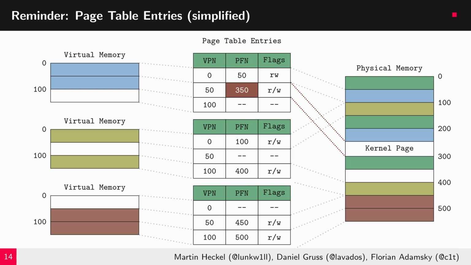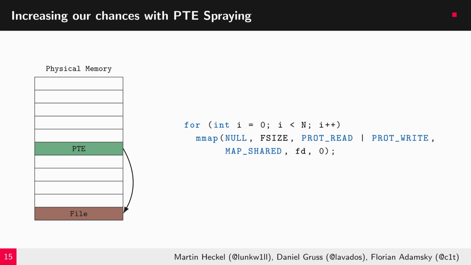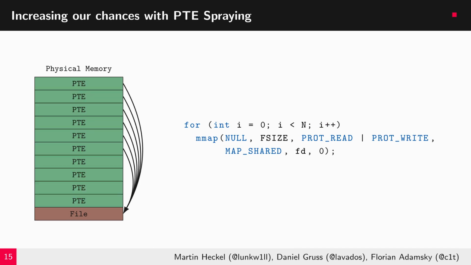But come on, what's the probability to randomly flip a bit in memory and hit exactly 1 page table entry at the right location? That's incredibly improbable. True. But you can increase this chance by spraying page tables over the entire memory. I just run this for loop on your computer where I mmap the same file over and over again, and then you need a lot of page table entries, but the file is only once in memory, so it doesn't occupy a lot of space.